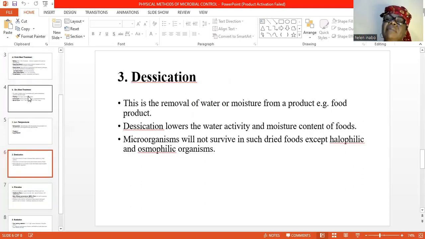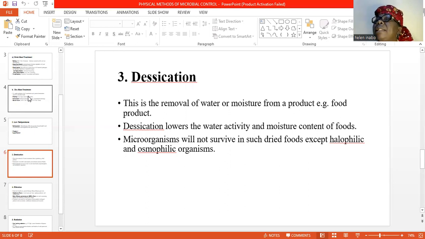The third physical method of controlling microorganisms is desiccation or drying. This is simply the removal of water or moisture from a product, e.g. food products that can be dried include fish and even meat.